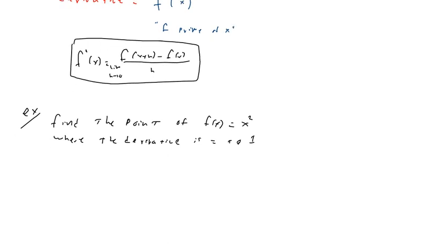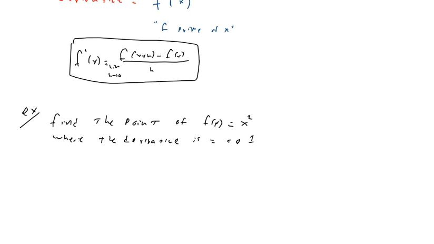So this is our task. I want to find the point on, not of, on f of x, which is x squared. Find the point on this graph, on this function, where the derivative is equal to 1.